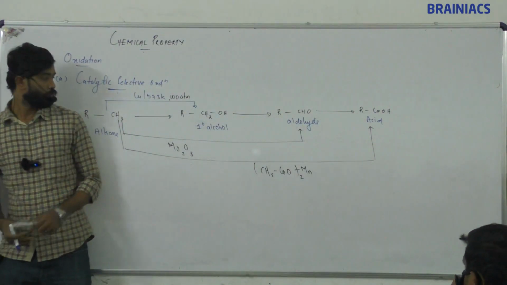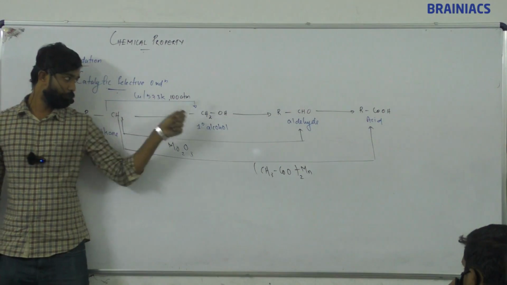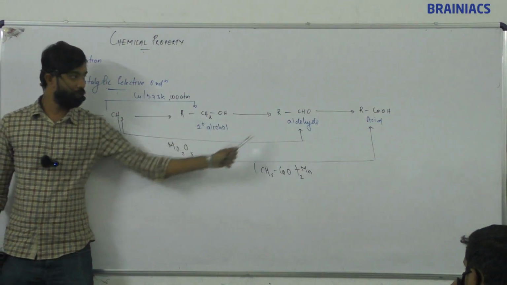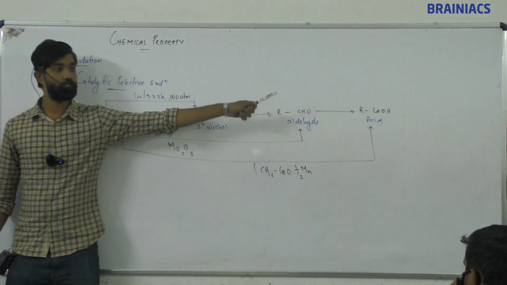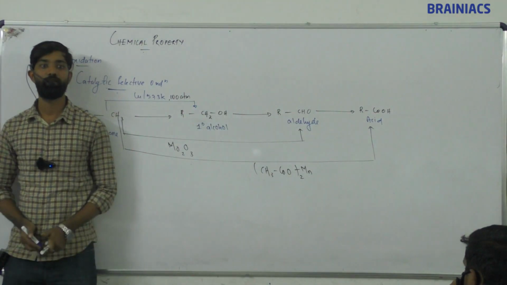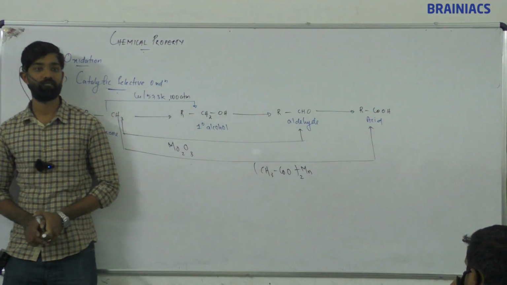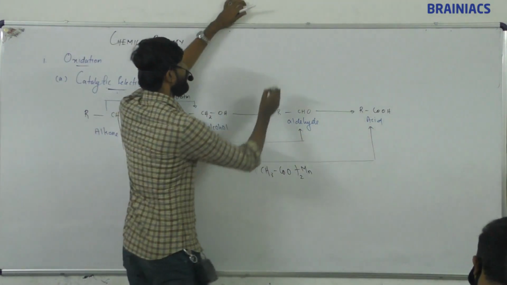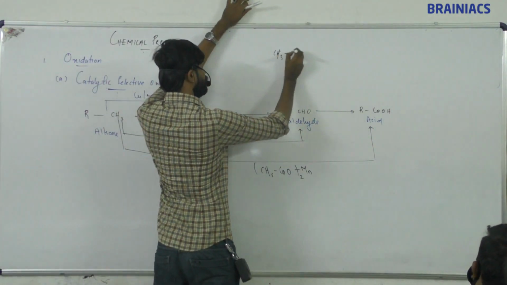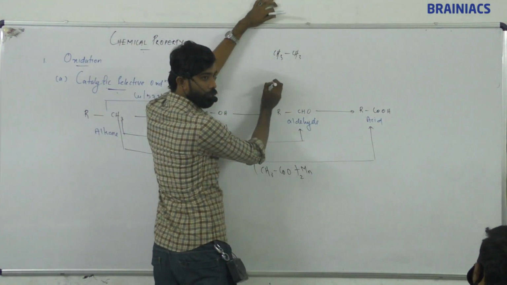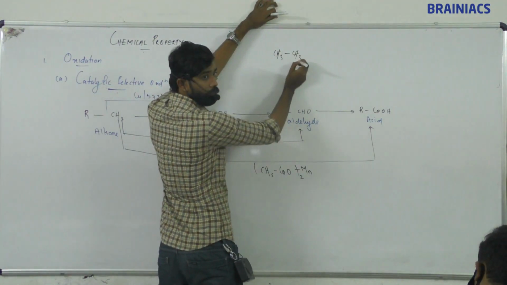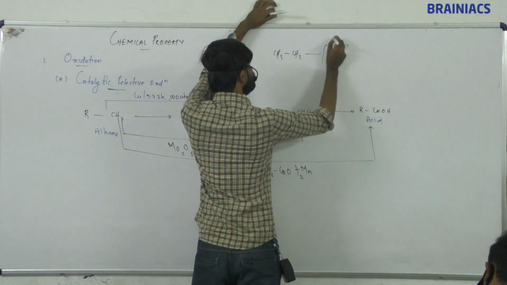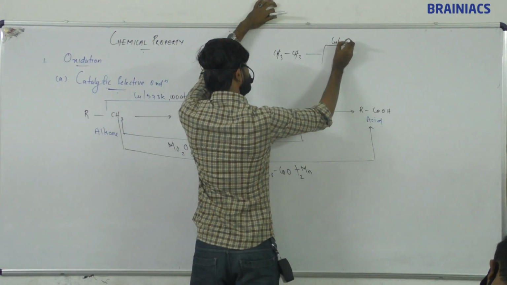So the very same alkane can be oxidized to primary alcohol, or to aldehyde, or to acid. It depends on the selective nature of the catalyst, so the reaction is under the control of the catalyst. Listen, if I have ethane, on treatment with red hot copper, what happened?